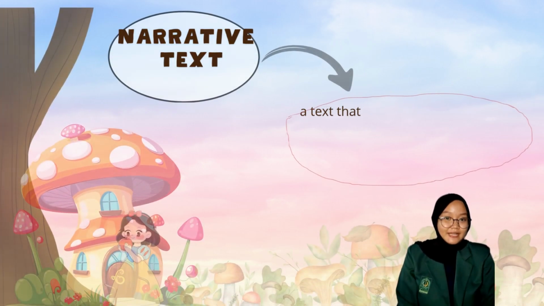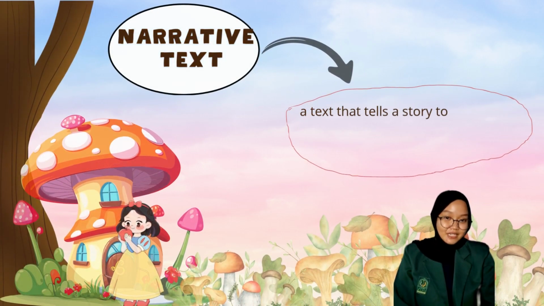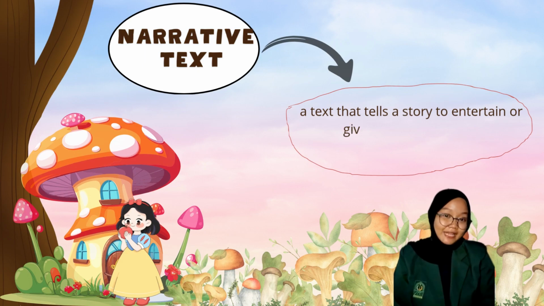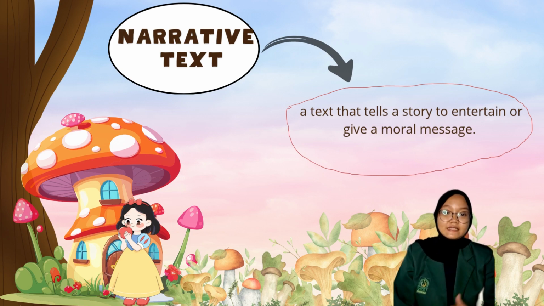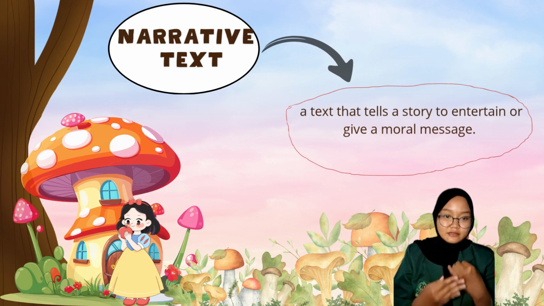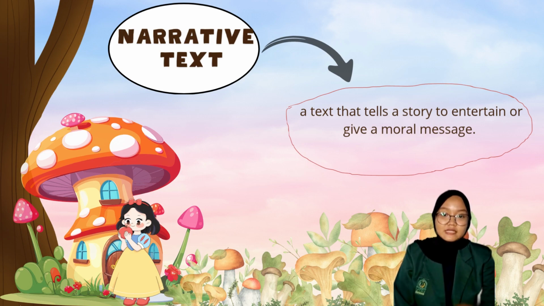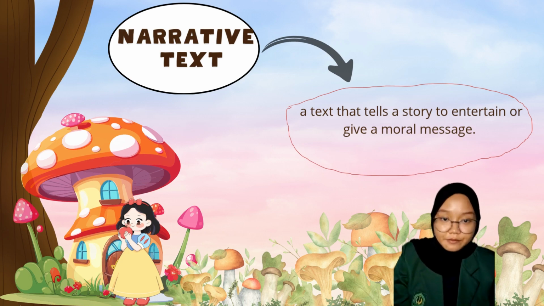So let's recall. What is a narrative text? Yes, a narrative text is text that tells a story. The purpose is to entertain the reader and give a moral message.